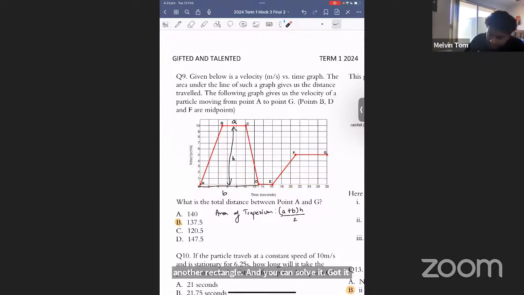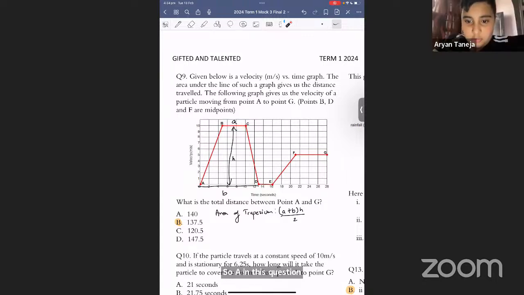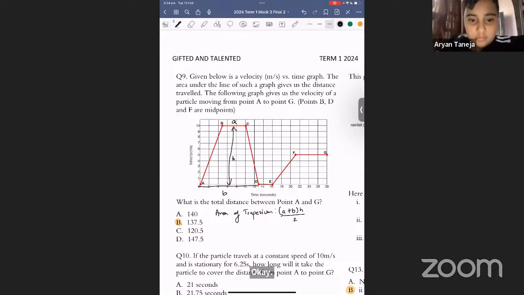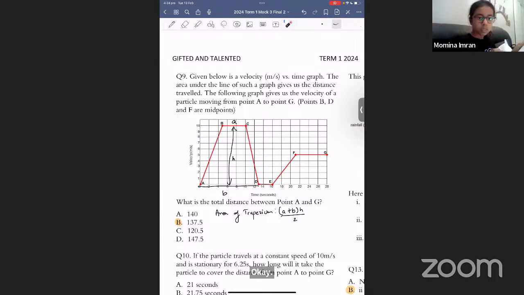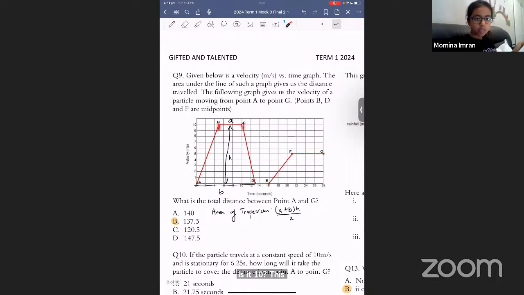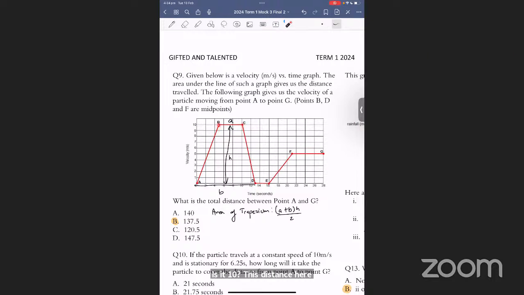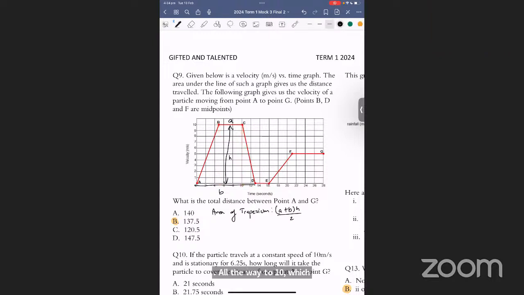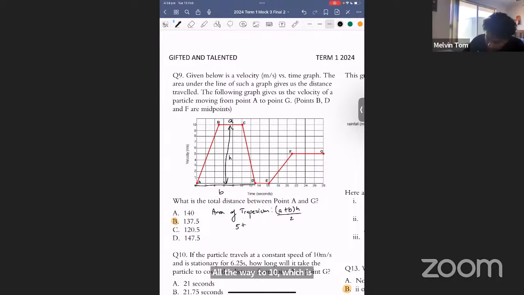So A in this question, what's this distance here? Is it 6? Well, this is from 5 all the way to 10, which is 5. So it's 5 plus B. What's B?